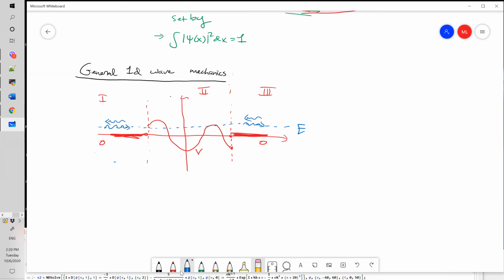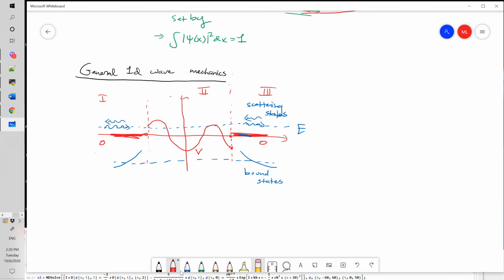If the energy is below the potential out here, we get exponentially decaying solutions, and those are the bound states. Up here, we would get the scattering states. In almost any potential you can think of, you can imagine it that way.